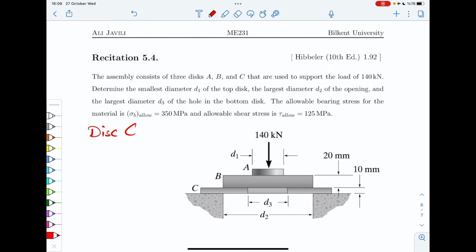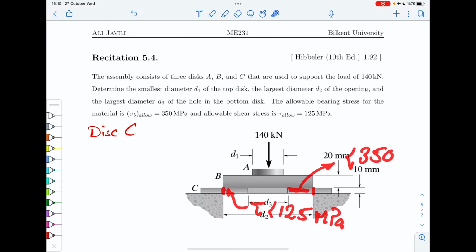So for the shear failure, you want to make sure that the force that is applied to it on these walls, it's going to cause shear stress, right? So you want to make sure that shear stress is less than, let's say, 125 megapascal. But also you want to make sure that the normal stress inside, in that area, in this direction, or the bearing stress is less than 350 megapascal. Okay? So you want to basically analyze this here.